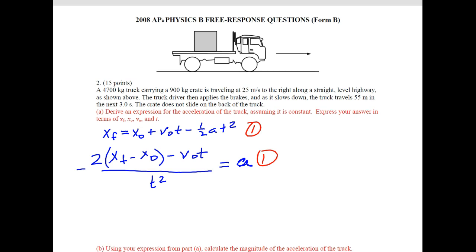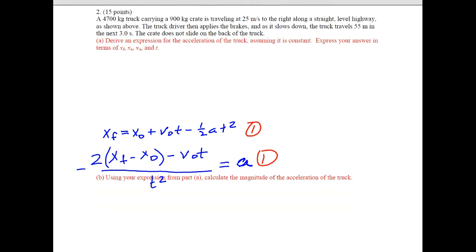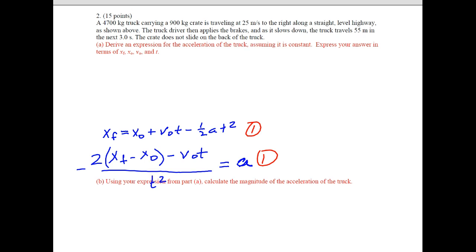The next thing they want us to do in the problem is calculate the magnitude of the acceleration of the truck. So we'll just go ahead and use our equation that we started with and move through it. This is equal to negative 2, and our final position here is 55 meters.